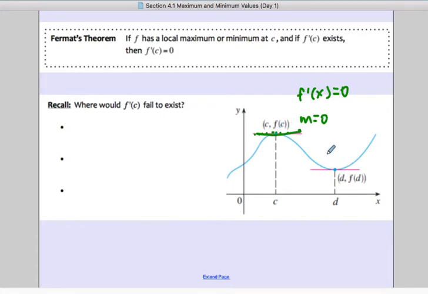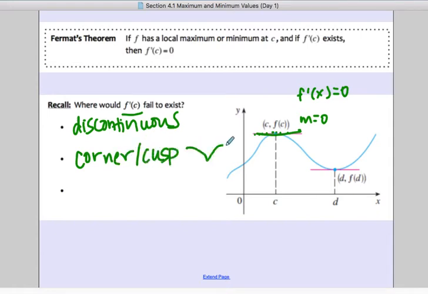Another way we can find where extreme values occur is where the derivative fails to exist. Okay, so we have to think about, well, where do derivatives fail to exist? So let's think about it graphically. One way is that it is discontinuous. If you're discontinuous, your derivative does not exist. Your other one, the one that you guys usually come up with quickest, is your corner or your cusp.